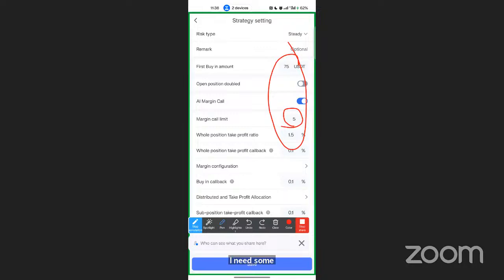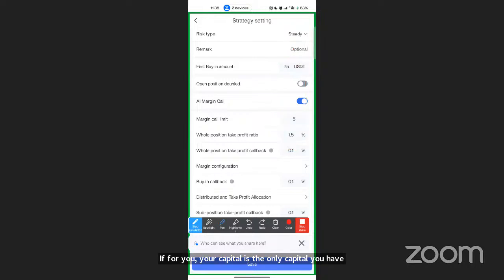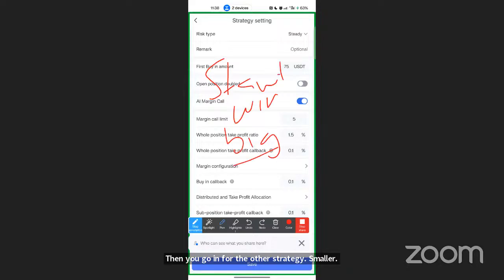If I only have $500, will I use this strategy? No. If your capital is the only capital you have, then you go in for the other strategy. Start small, win big.